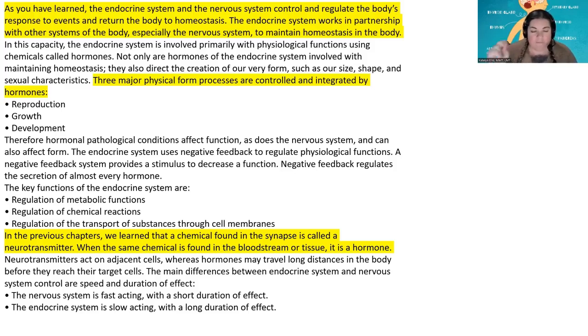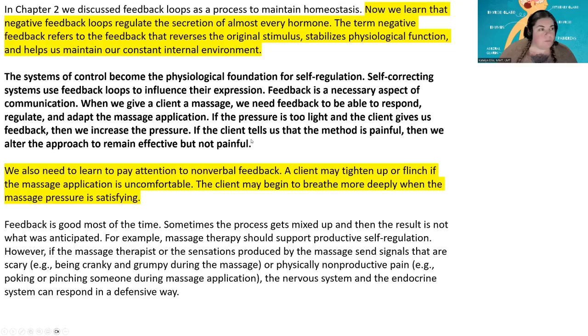They happen quickly and then they burn out quickly. With the endocrine system, it takes a little bit longer for these chemicals to be secreted and sort of processed through the body. It takes a little while for them to take effect, and then it takes a little while for the body to say, oh, okay, that's enough, and then backs off in that feedback loop process.